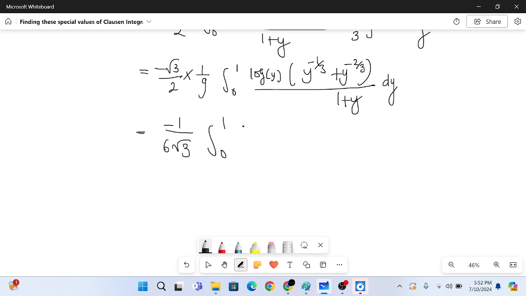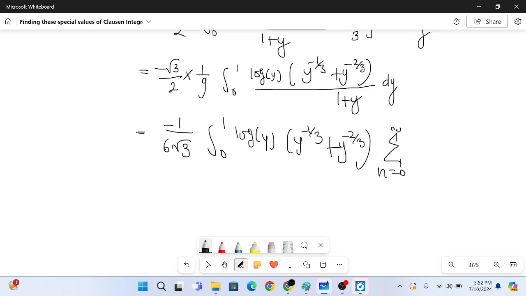Now log y, and then y to the power minus 1 by 3 plus y to the power minus 2 by 3, and 1 by 1 plus y. This can be written as sum from n equals 0 to infinity of minus y to the power n dy. Yes, you can write it like this.